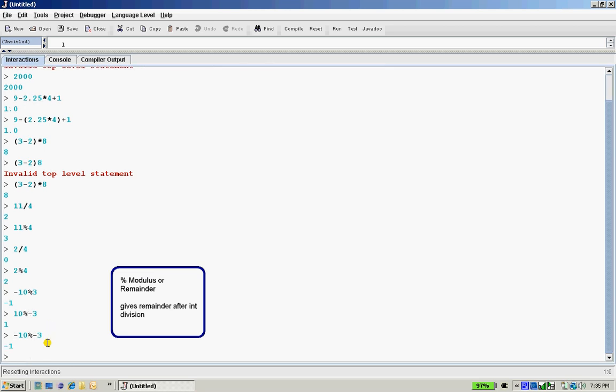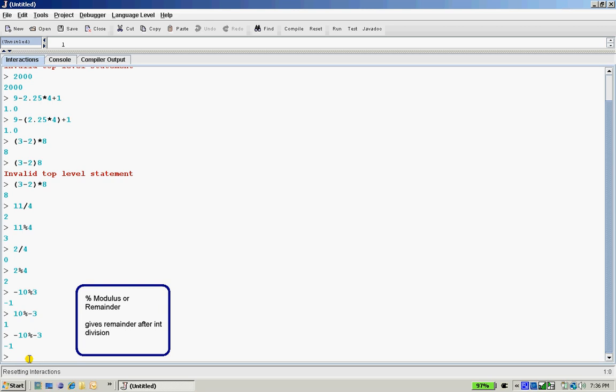So you have to think about this, because it's not that you don't know how to do it, it's not that it's hard to do, but it's just one of those little things that slips by you sometimes when you're not paying attention. I think the trickiest mod operator problems involve things like negative numbers that are smaller than the number they're being divided by.